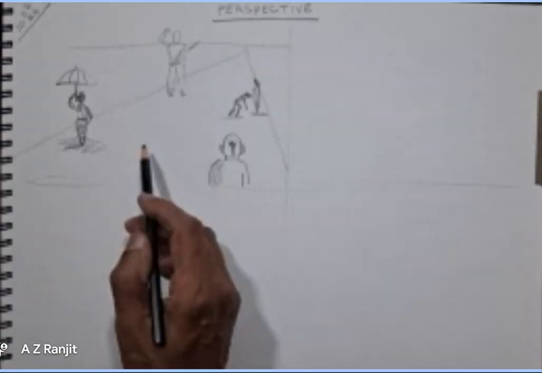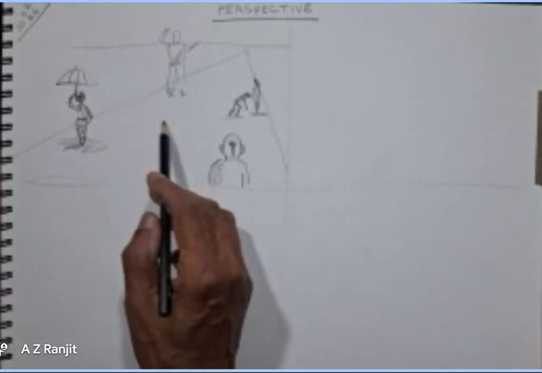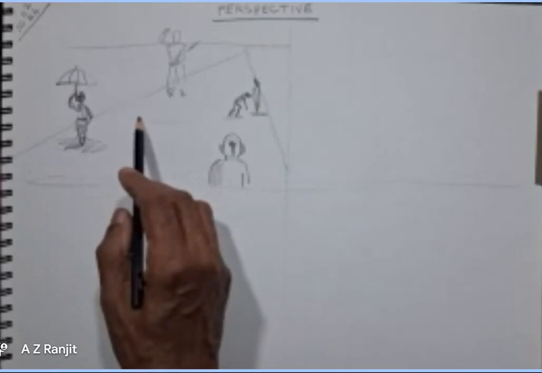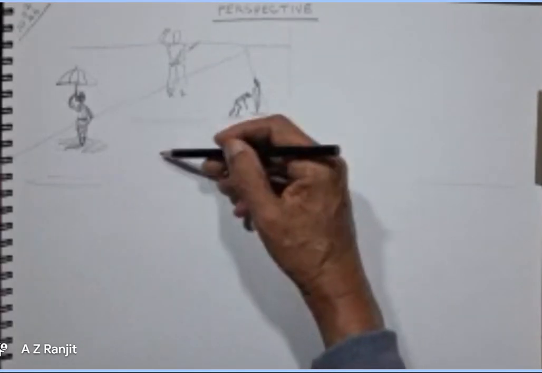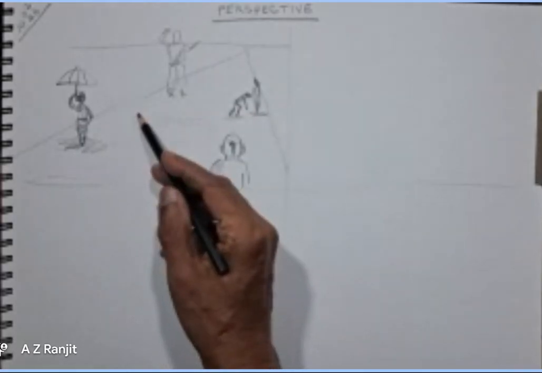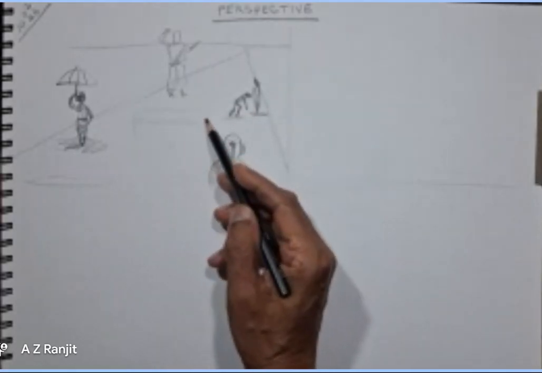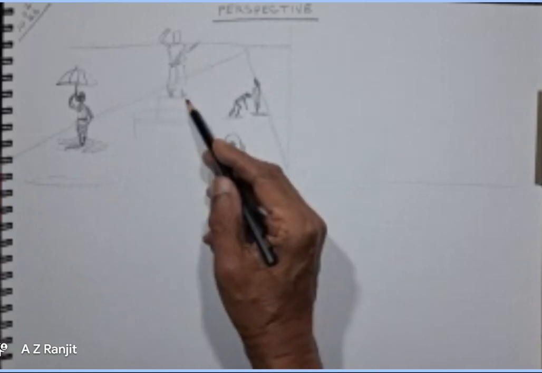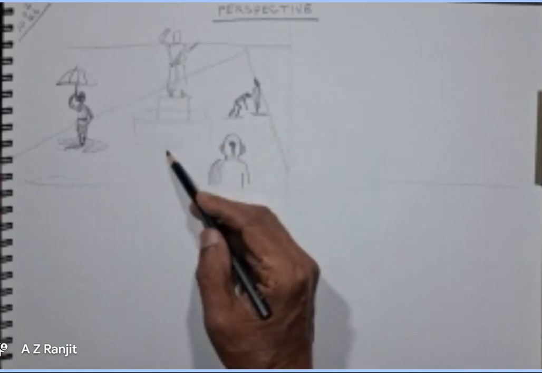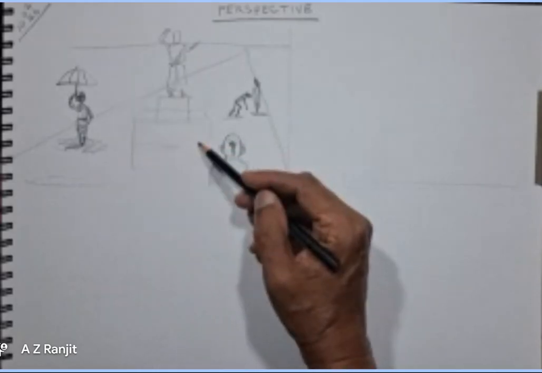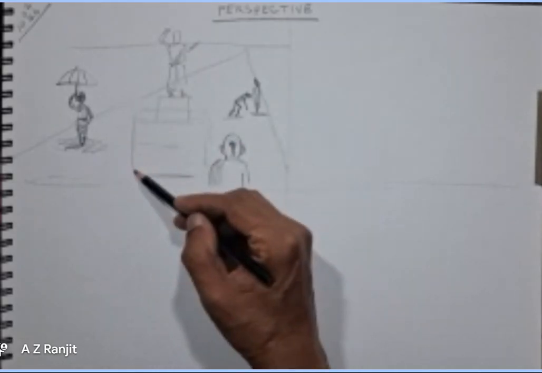Or maybe this person is standing on a box here. Maybe even that is on a box here.